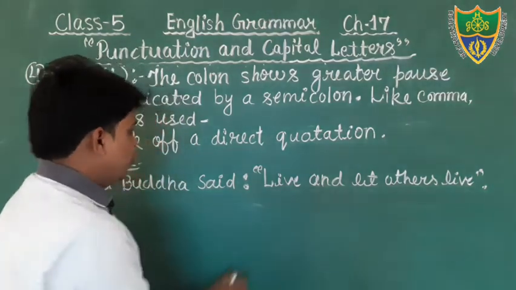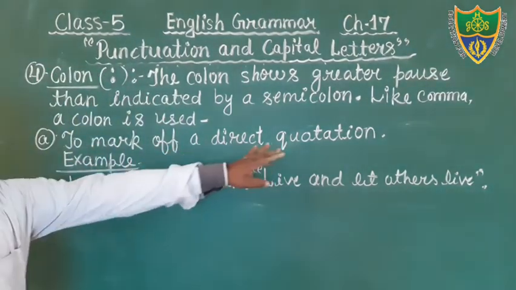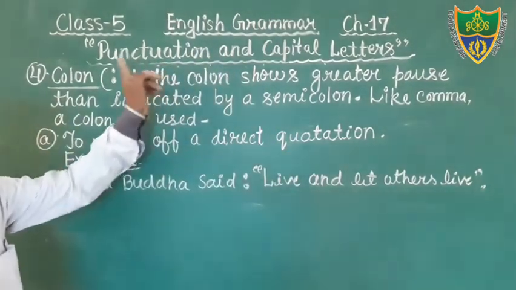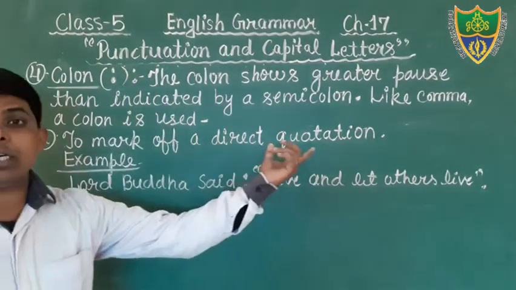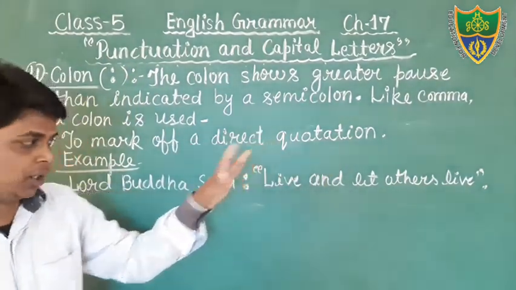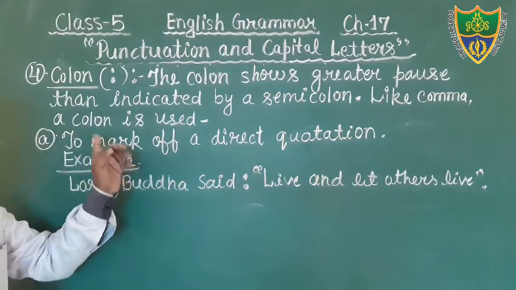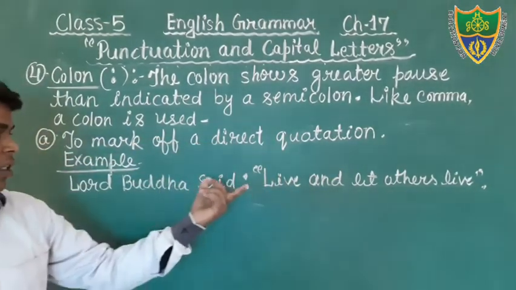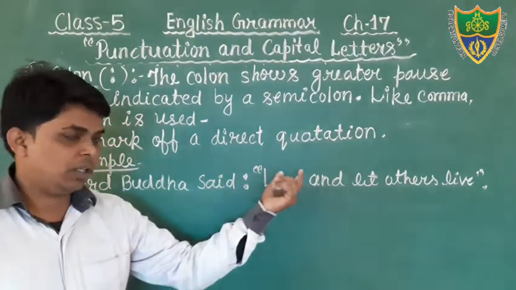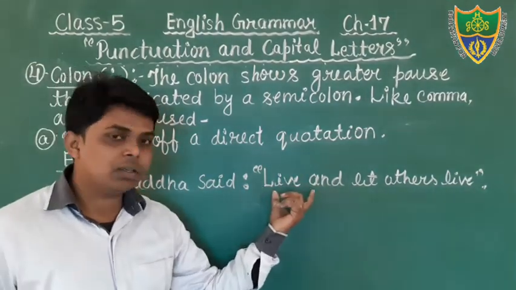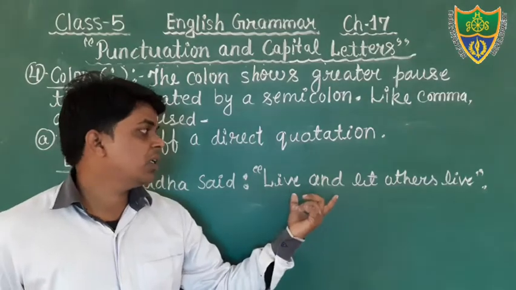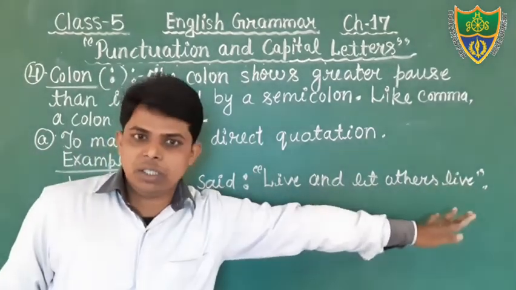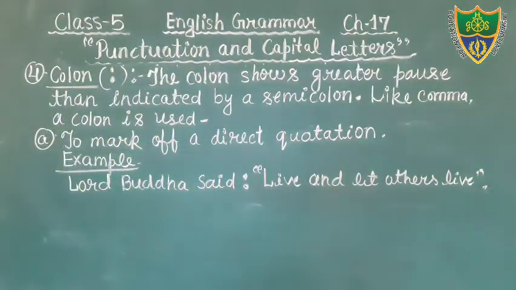So we also use colon to mark off the direct quotation. You write this point: we use colon to mark off a direct quotation. Example: Lord Buddha said colon, double inverted commas, we will write "Live and let others live." Okay, students, write down in your notebook.